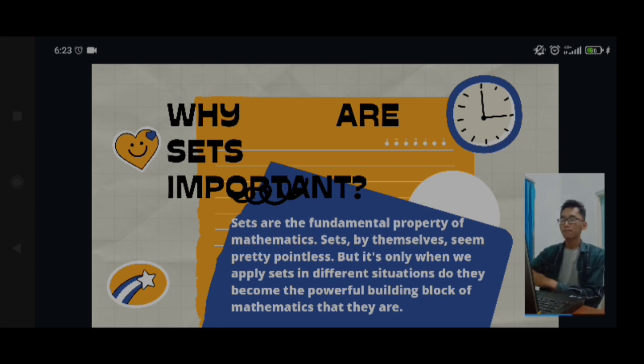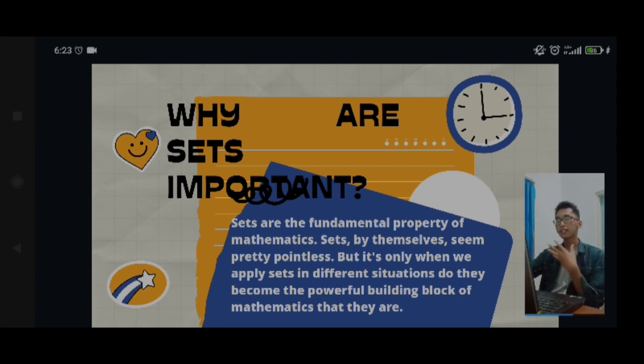For example, calculus. We already know that calculus works with real numbers, and if we use imaginary numbers in calculus, then some theories or rules in calculus cannot work with imaginary numbers.